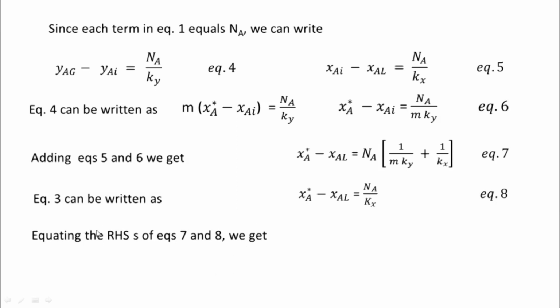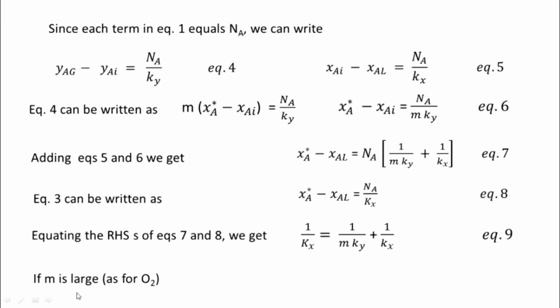Equating the right hand sides of equation 7 and 8, because Xa star minus Xal is Na by Kx in equation 8, in equation 7 it was different. The left hand sides are the same, therefore we could equate the right hand sides. We get 1 by capital Kx is 1 by m small ky plus 1 by lowercase kx, equation 9.